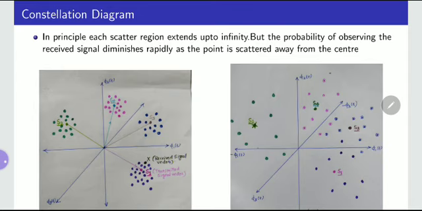Okay. So that can happen. Everything depends on the strength or variance of the noise. Based on the variance of the noise, either the scatter regions can overlap or they don't overlap. Anyway, there will be capital M scatter regions. So you can have this idea in mind.